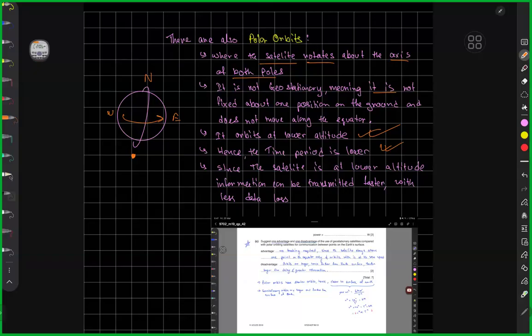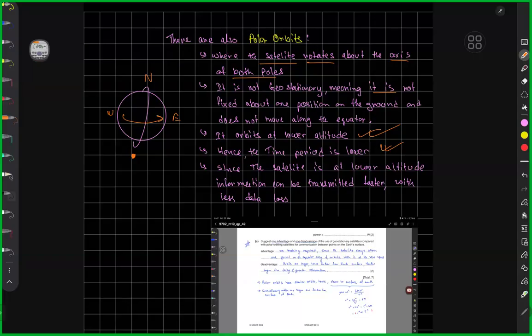Also, the amount of time that information takes to go from me to the satellite and back to me is less. So there is less lag, less delay in information. That's why you have lag, and that's why you have a delay in response. It takes less time to travel, and that's why we want a lower altitude.